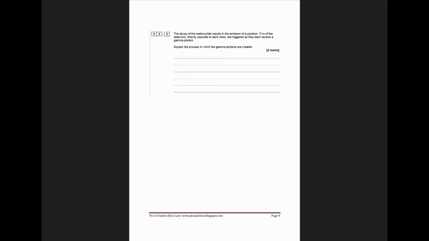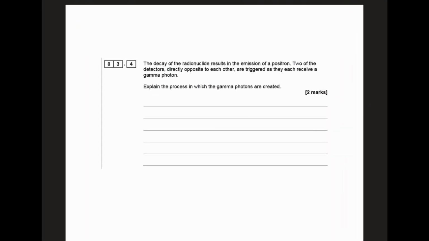Part 4. Okay, the decay of the radionuclide results in the emission of a positron. Two of the detectors directly opposite each other are triggered as they each receive a gamma photon. Explain the process in which the gamma photons are created. Okay, so now let's see this part.